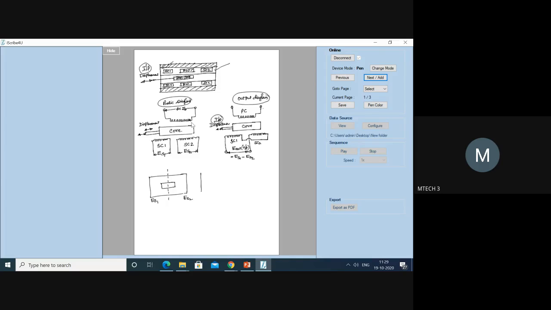Then one more diagram, again ES1 and ES2, where the core is somewhere here. Then one more diagram, where the core is somewhere here. Now, case number 1.